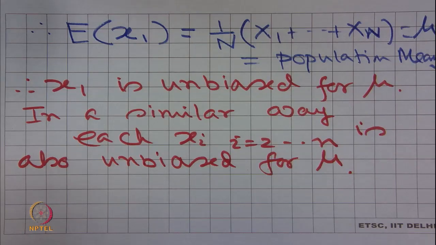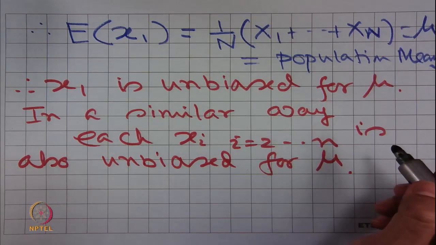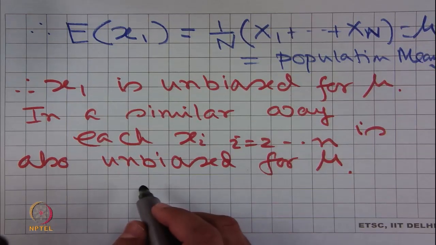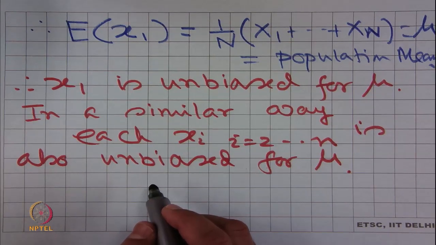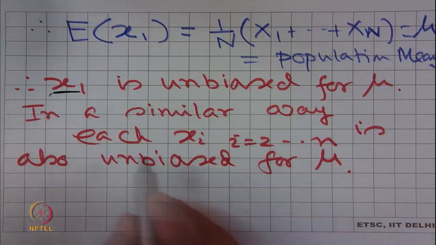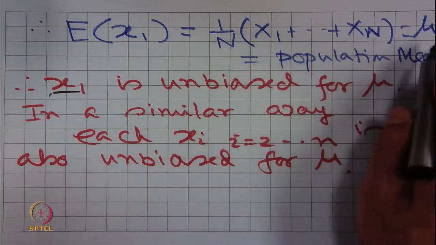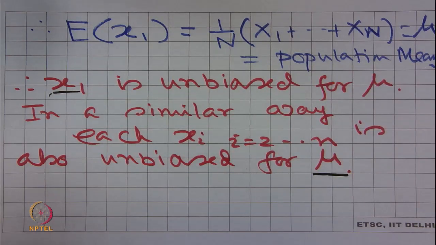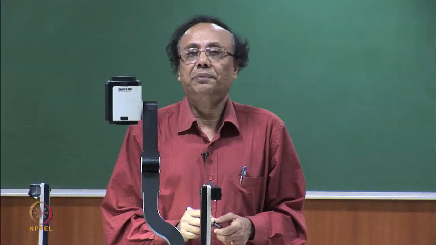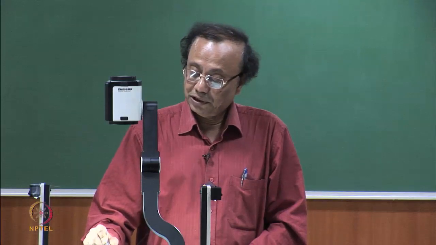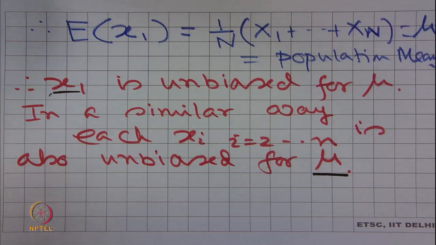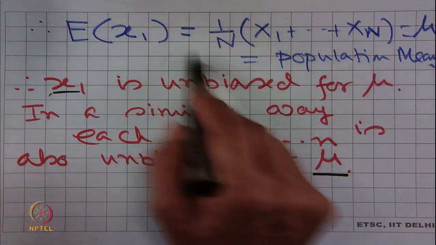And this is true not only for simple random sampling with replacement. Even if we do it without replacement, we have seen earlier that each one of them will be an unbiased estimator for mu, because each xi, irrespective of whether it is with replacement or without replacement, will take the values X1, X2, ..., X capital N, each with probability 1 by N.